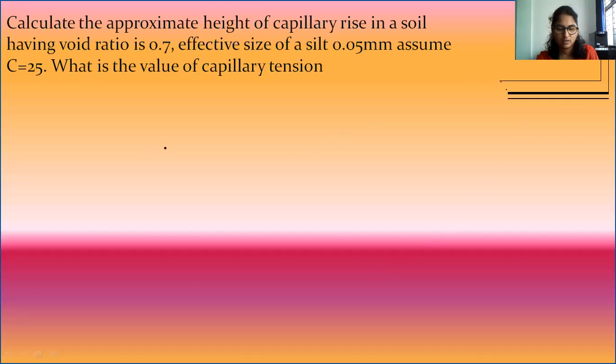So, first write the given data. Identify the elements. Void ratio: what is the abbreviation? Void ratio is e.